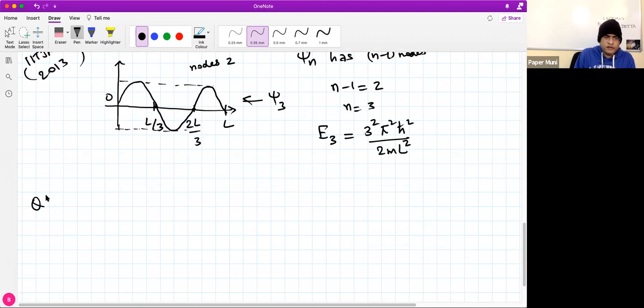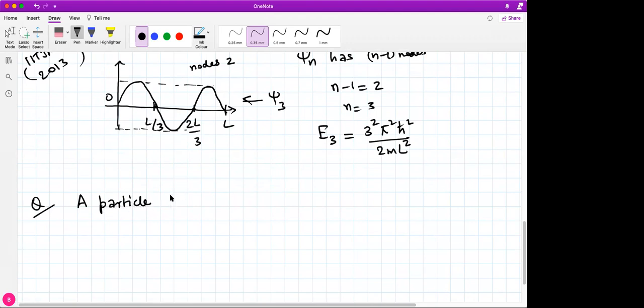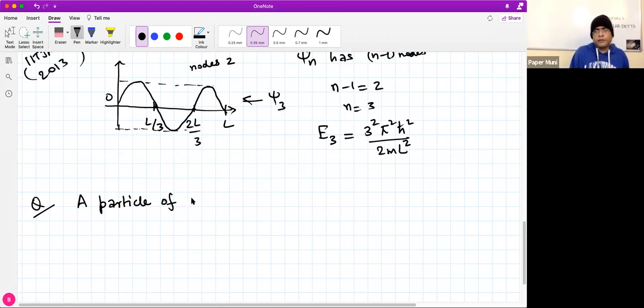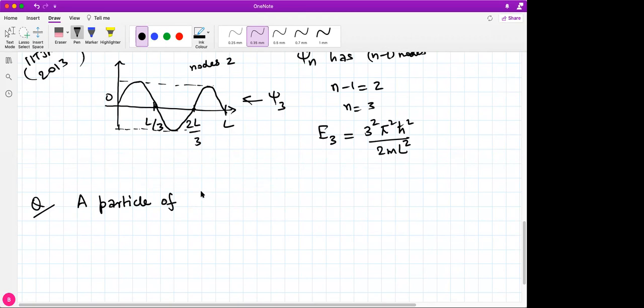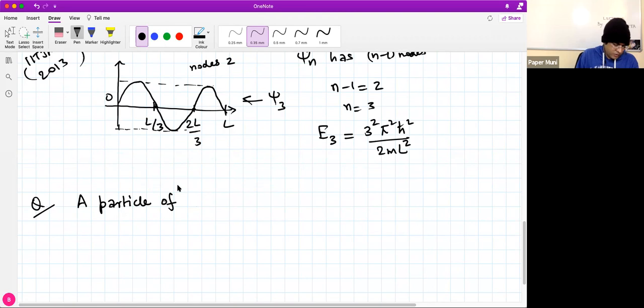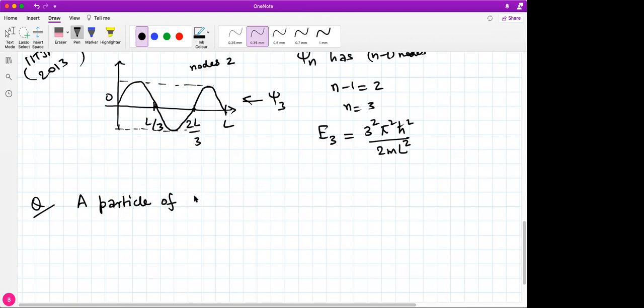Were you able to solve yesterday's question? I had given it as homework. Everyone? Good. What is the answer for the parallelepiped? What did you get? 11 h square by 36 m L square. Right.